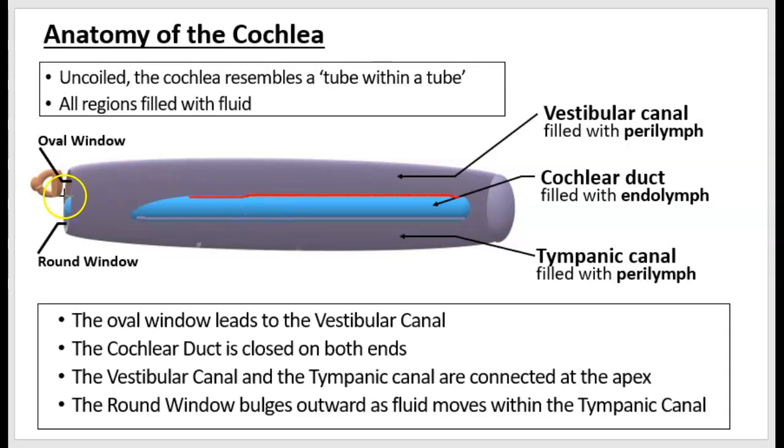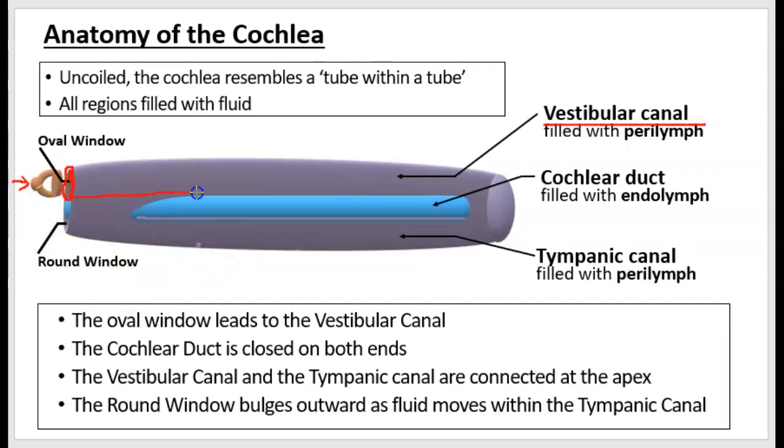Okay, and because there's an inner tube inside of an outer tube, there are different regions that are formed. The region on top of the cochlear duct or the inner tube is called the vestibular canal. This is continuous with the membrane of the oval window that the stapes presses against.